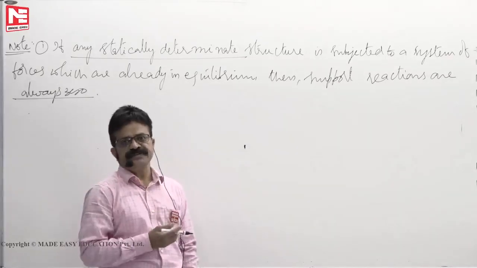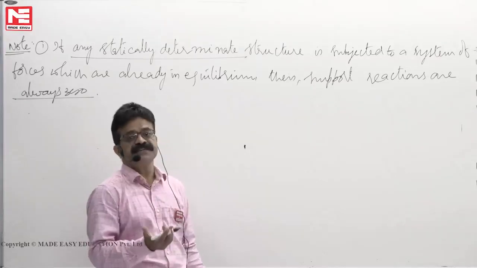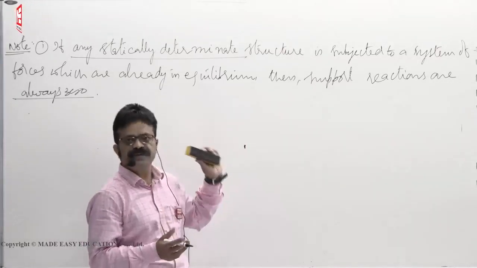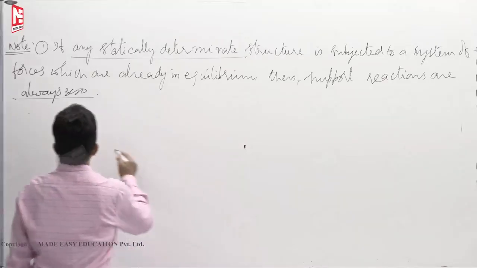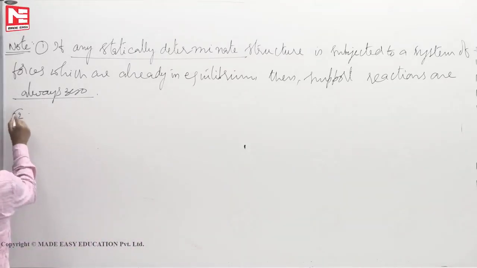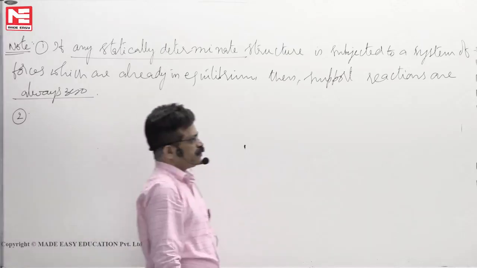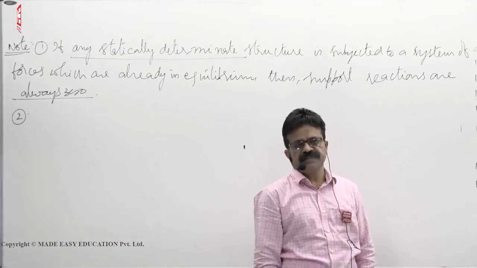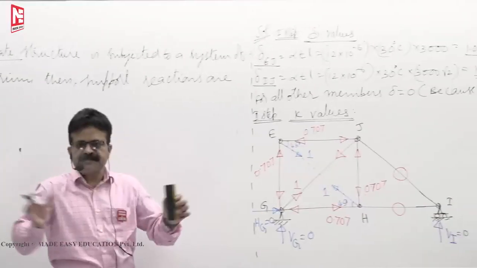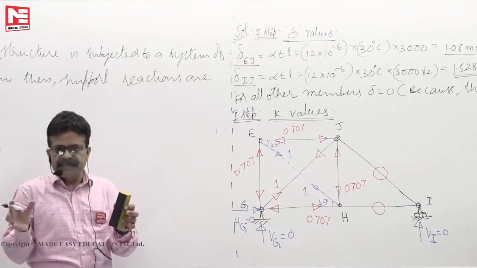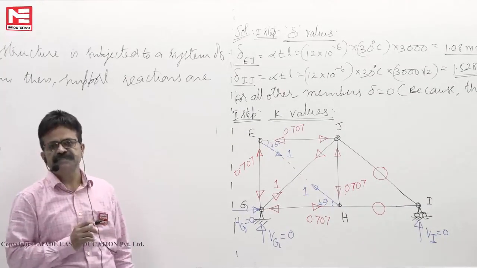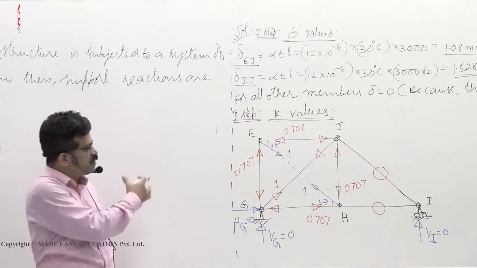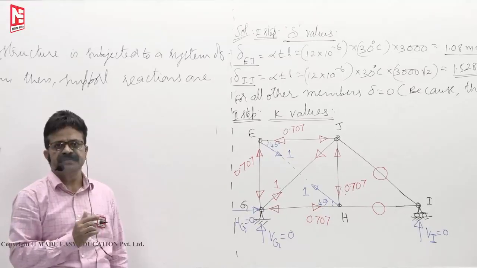That we will see in the fixed beams, what forces them to develop the reactions. Here, no reactions will develop. Then, second point is this one. You have heated two members, EJ and IJ. When you heat two members, they will expand. If they expand, what type of stresses will develop in all other members?